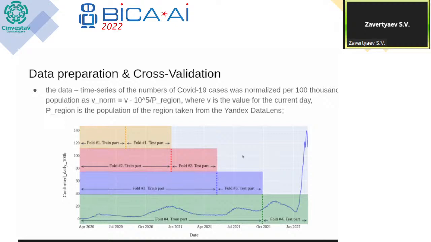The test part always has the same length, while the training part increases with each fold by one fifth of the data. Basically, you use larger training samples with each fold, so we can see the dynamics of how the model behaves with such an increase.